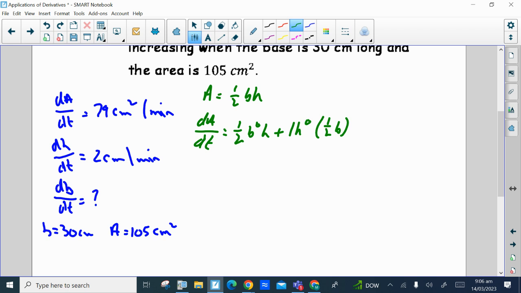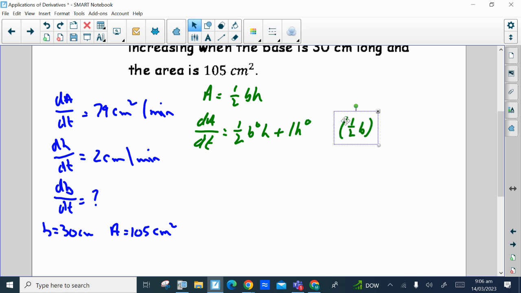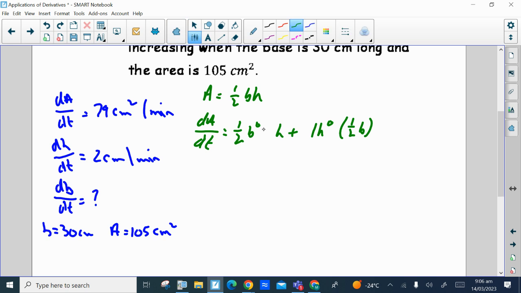Oh, and I forgot, excuse me, to put the second part, which is the chain rule. I have to have the dB by dt in the first one and the dH by dt in the second. So let me fix that. So we'll have dB by dt, and we'll have dH by dt.